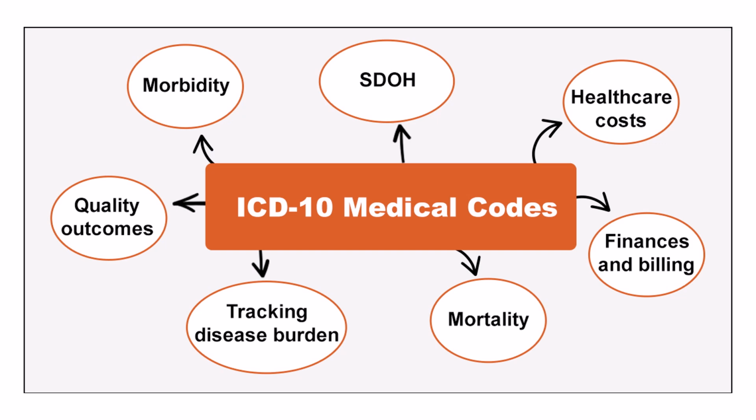Now, just like Chapter 20 codes, Chapter 21 codes, factors influencing health status, these are health encounter codes that don't involve an illness or injury.